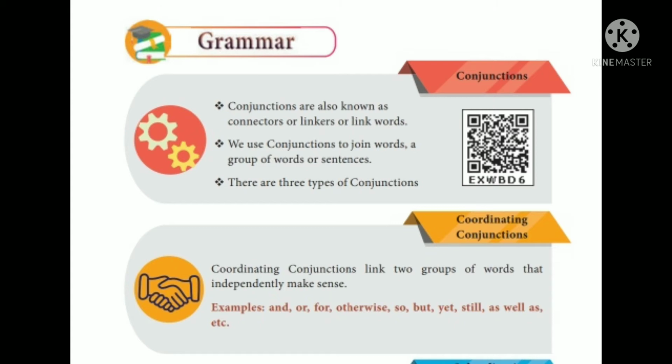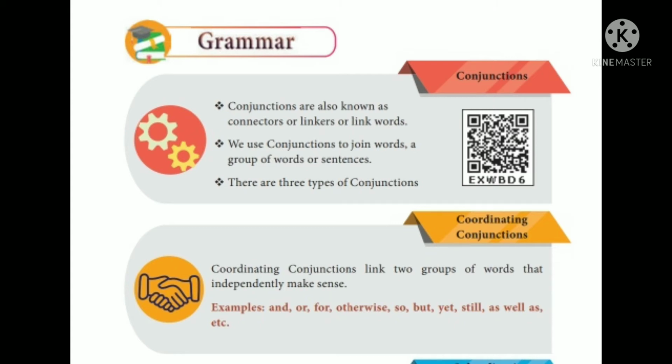Okay, first we'll see the coordinating conjunction. First we'll see the definition. Coordinating conjunctions link two groups of words that independently make sense. So the main function of this coordinating conjunction is that it links or connects two groups of words, whereas in the general definition you join a word or a group of words. So here its main purpose is two groups of words that independently make sense, and make sense means makes a meaningful sentence.